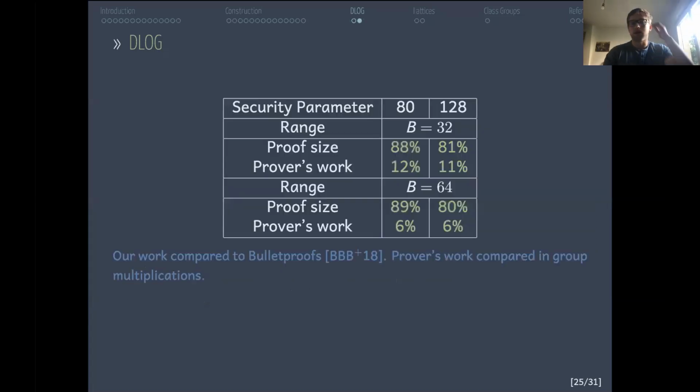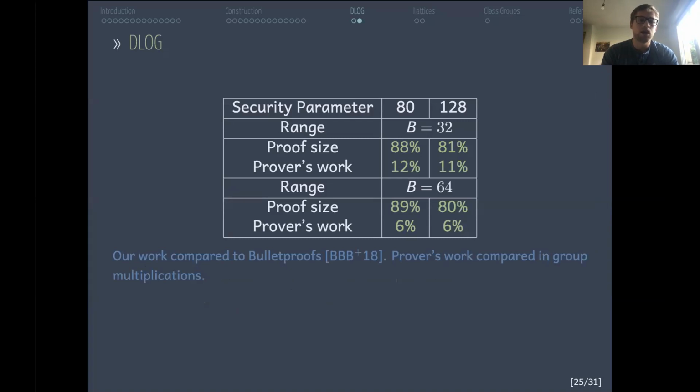If we compare it to the currently most efficient range proof scheme in the D-log setting, then we get a proof size that's about 80 to 90% of its size.